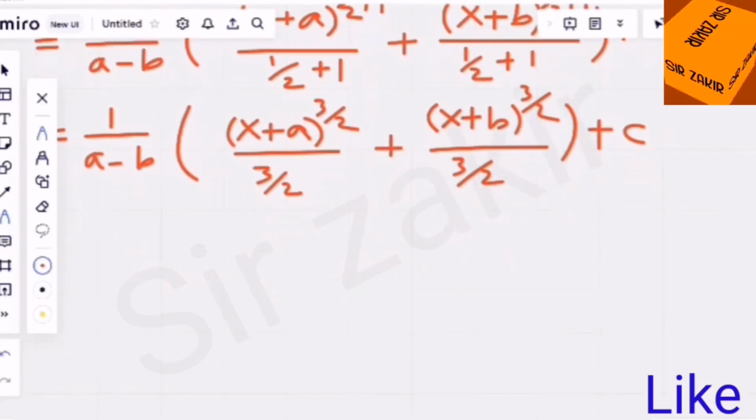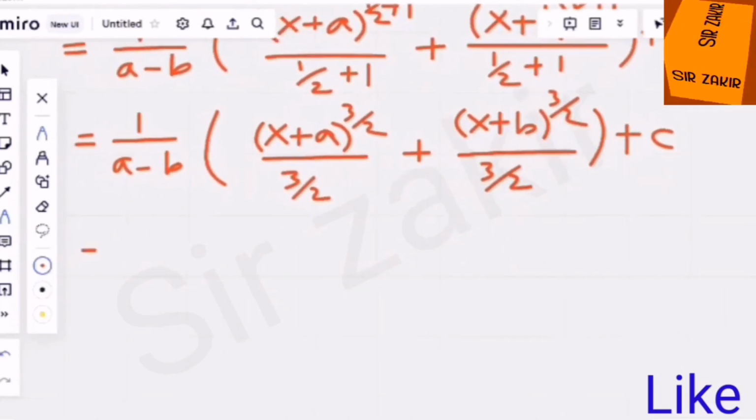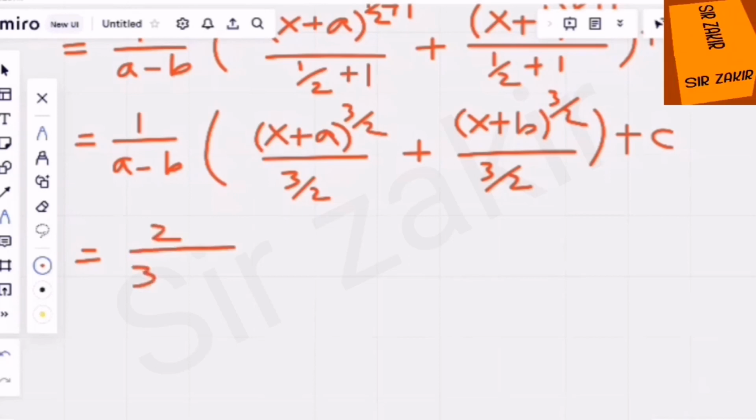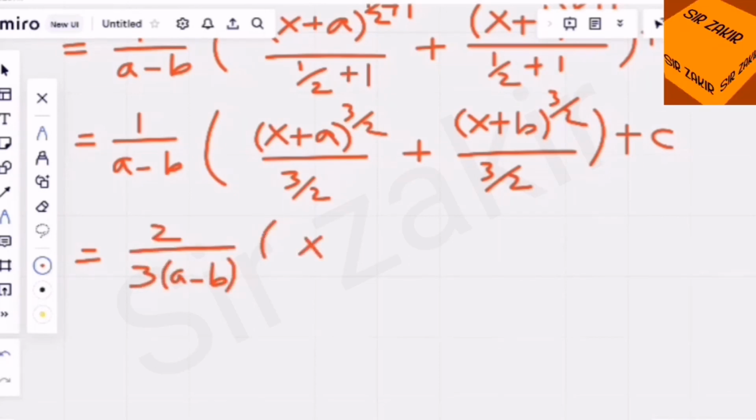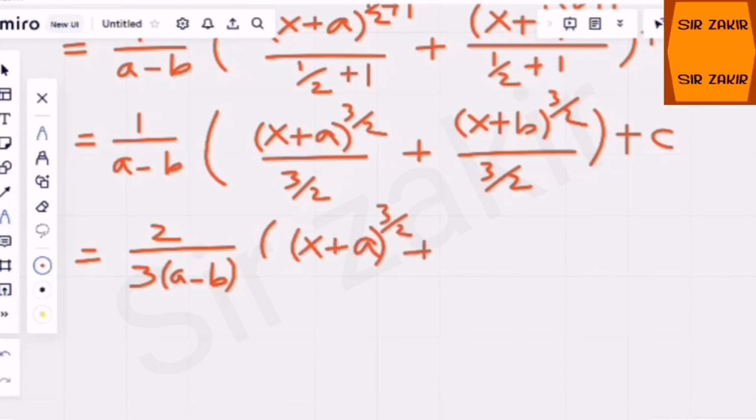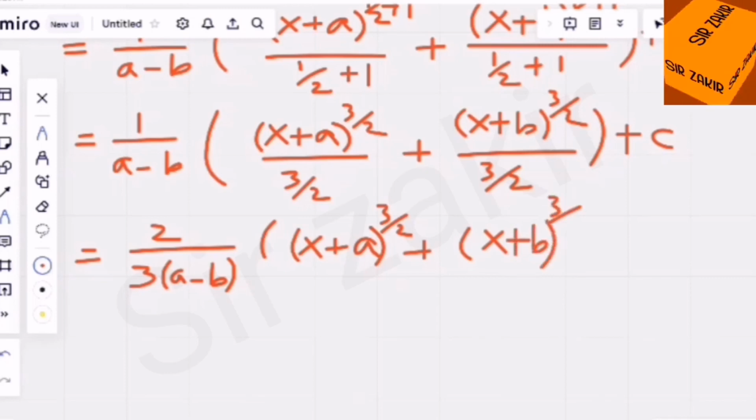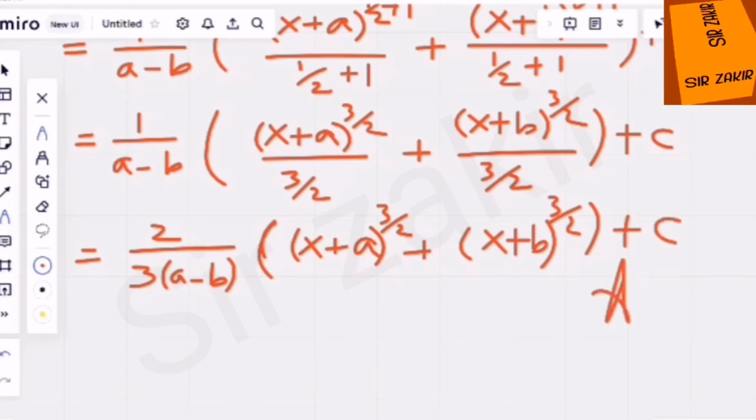And then if we take this 3 by 2 outside, it becomes 2 by 3, and we have x plus a power 3 by 2 plus x plus b power 3 by 2, plus c. This can be the answer.